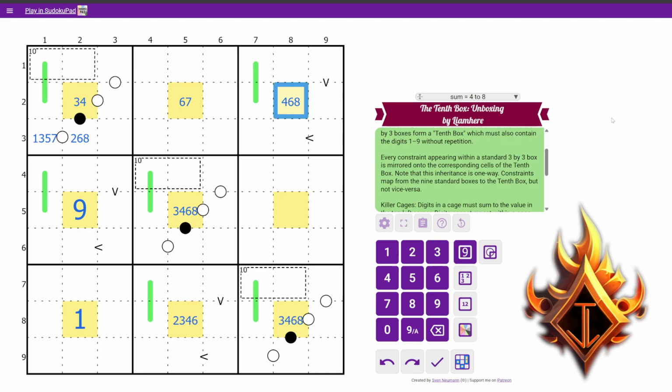If it was 8, it could be 6. So 4, 6, 8. And that's going to be a combo. 3, 4, 6, 8. So this becomes 7. That one becomes 2.